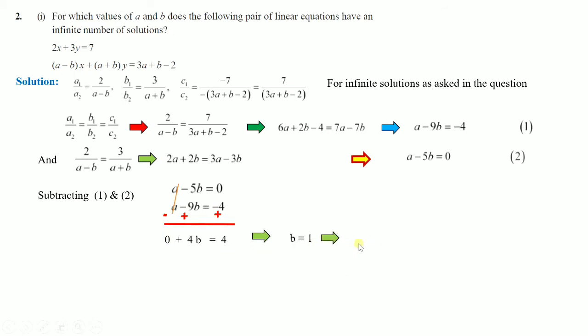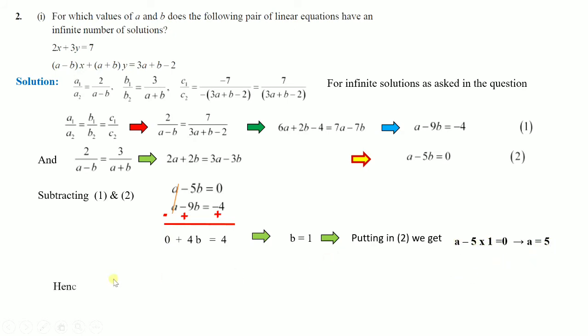Then putting this value of b, we get a minus 5 into 1 over here. We are putting the value of b, a minus 5 is equal to 0, a is equal to plus 5.